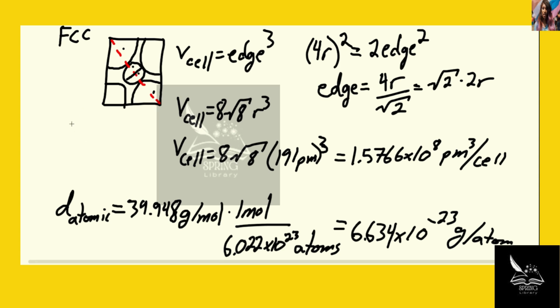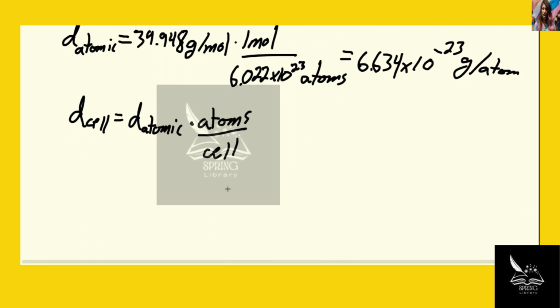So that gets us a total of 6 times 1/2, plus we have 8 corners on our cube, and each corner has 1/8 of an atom, which equals 4 atoms total in an FCC cell. So we know that we have 4 atoms per cell in that multiplication.